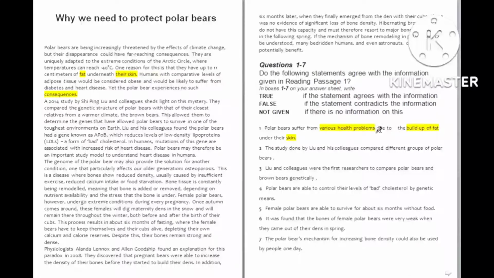It means this statement contradicts our statement. So the answer would be false.